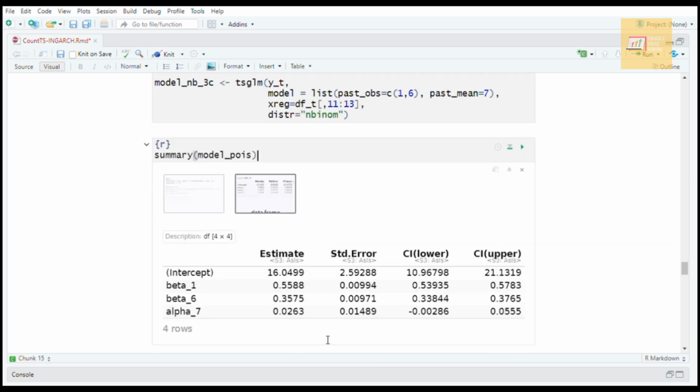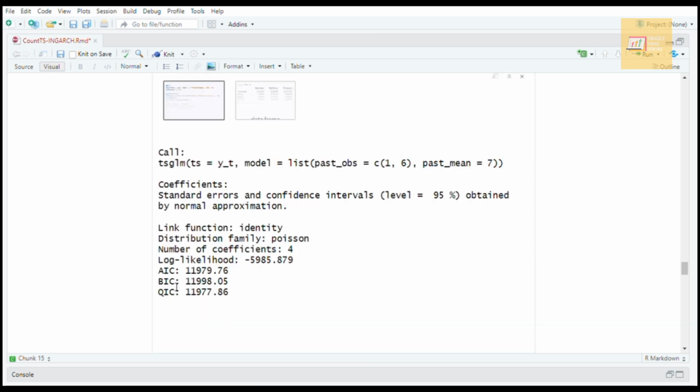Here in model Poisson, since we're not using covariates, we have much fewer parameters. We only have 4 because 1 intercept and then 2 beta for the past observations and 1 alpha for the past conditional mean. And we can see that these scores are much lower than those for the previous model.